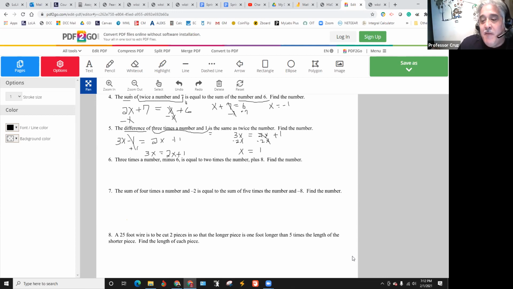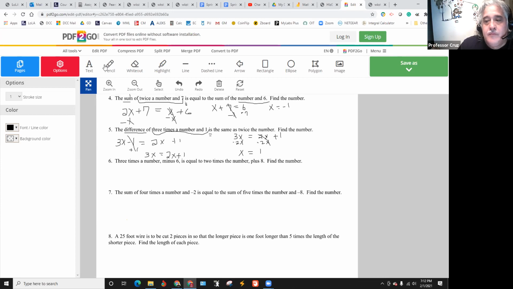Three times a number plus 6 is equal to 2 times the number plus 8.